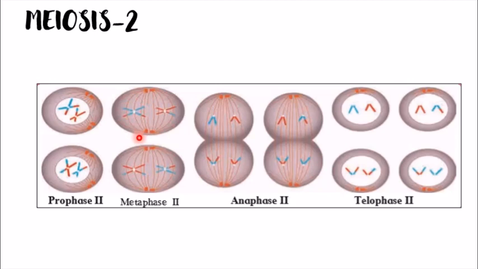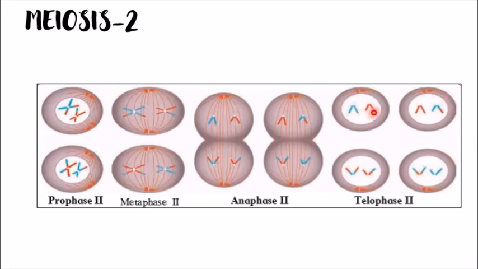The spindle fiber starts to arise. These chromosomes start to align in an equatorial plane. In anaphase 2 these are pulled away from each other. From the centromere they are pulled away and a notch is developed in anaphase 2. And in telophase 2 the cells are completely divided, the nuclear membrane has appeared and these chromosomes have also divided and they have formed 4 daughter cells.